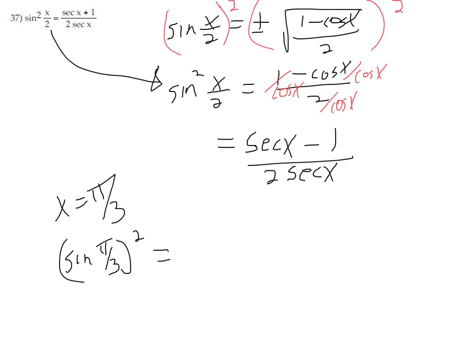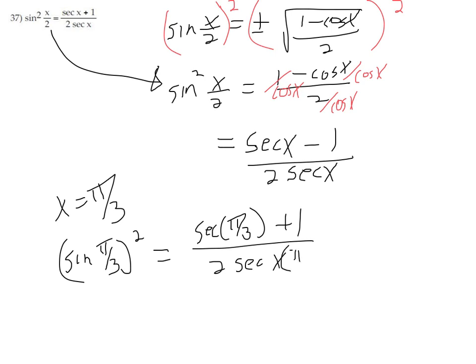The right side would be secant pi thirds minus 1 over 2 secant, sorry, plus 1. I am checking the original identity, so I want to make sure that this is the original identity. And that should be pi thirds, sorry. There.